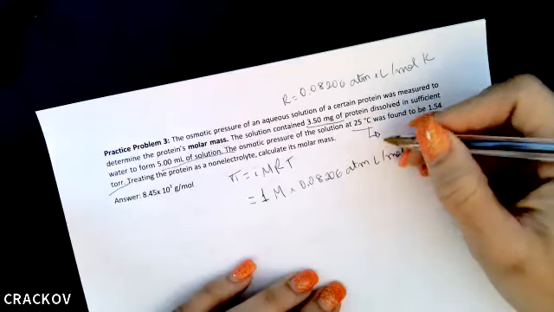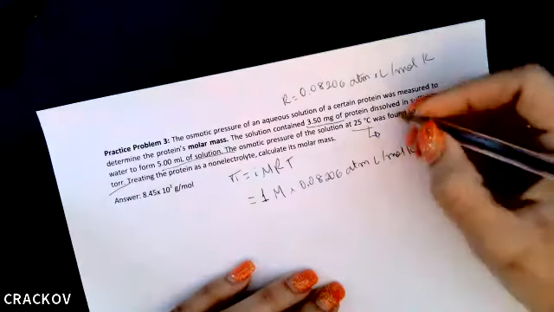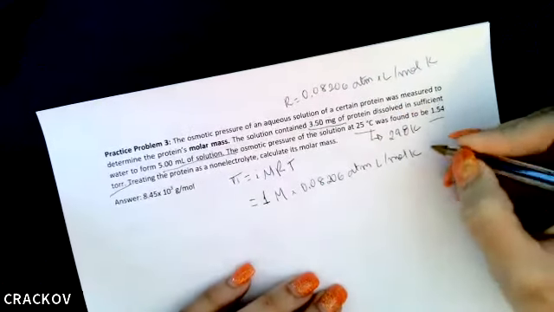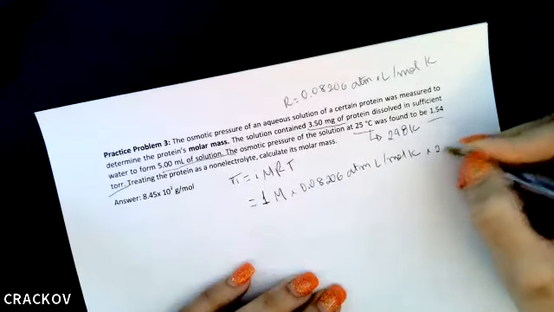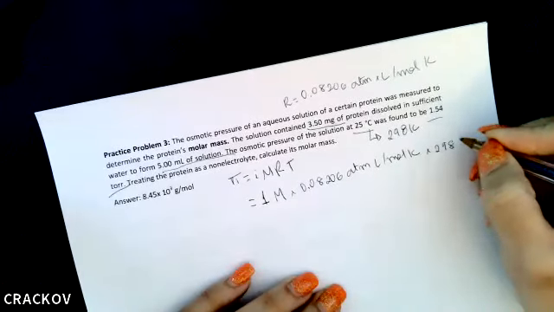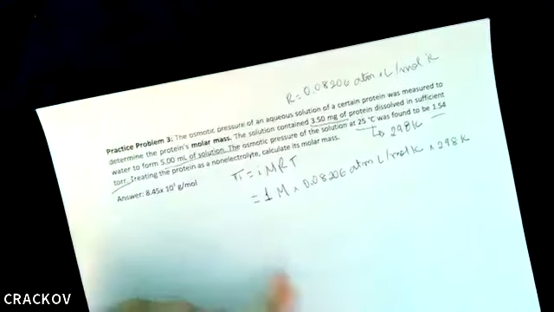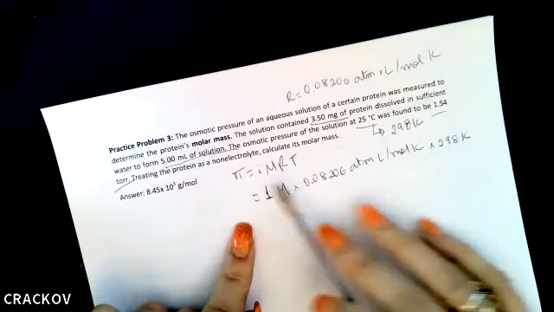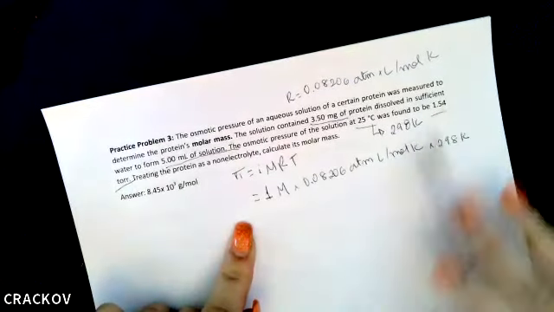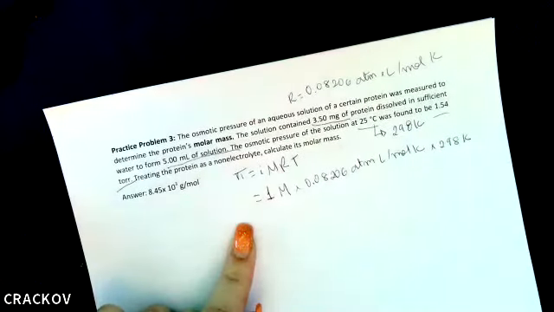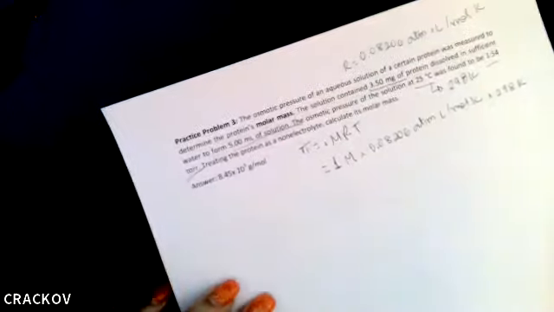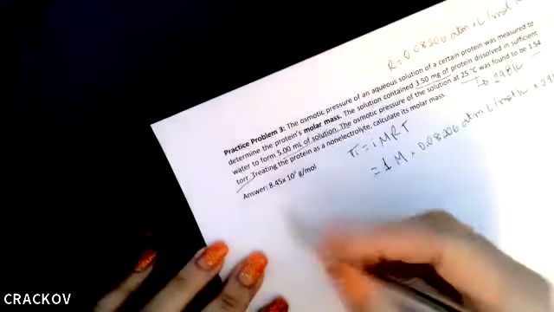So 25 plus 273 is equal to 298 Kelvin, right? Okay, but what about the osmotic pressure? The osmotic pressure was given in torr, but our R here is in atm, so let's go ahead and convert it from torr to atm, right?